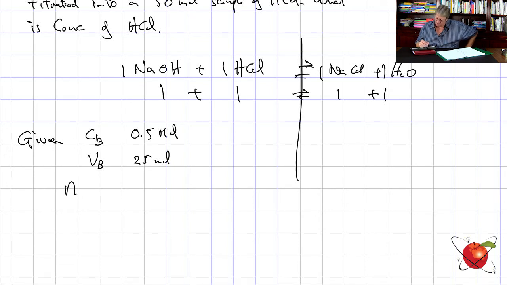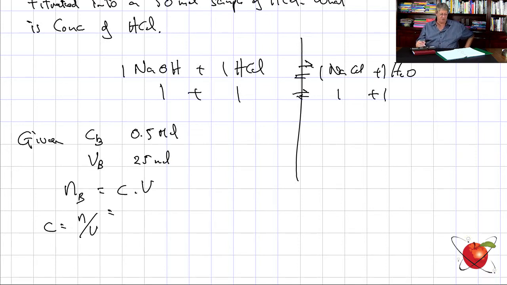Therefore, the number of moles of the base must be equal to, remember, concentration is equal to number of moles over volume. Therefore, number of moles is concentration times volume.